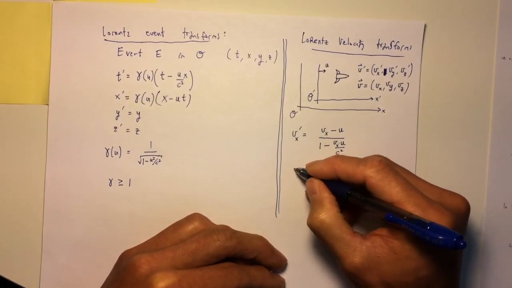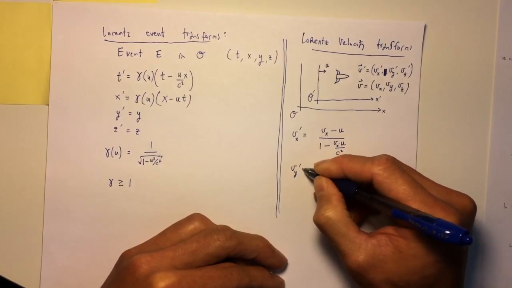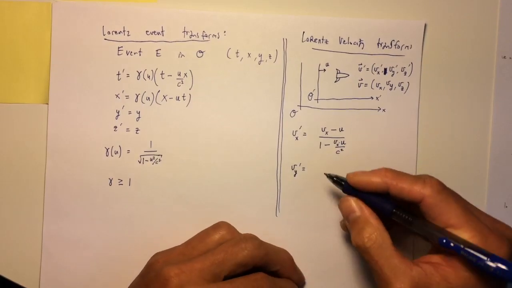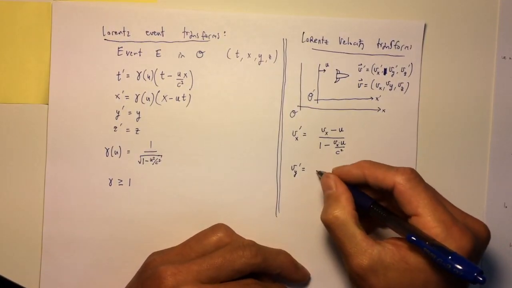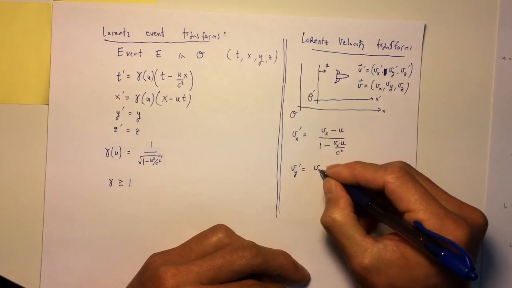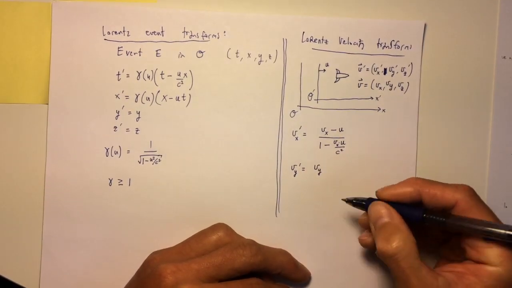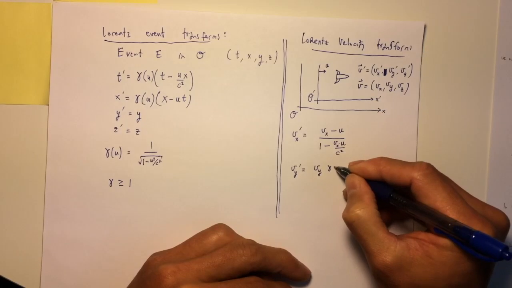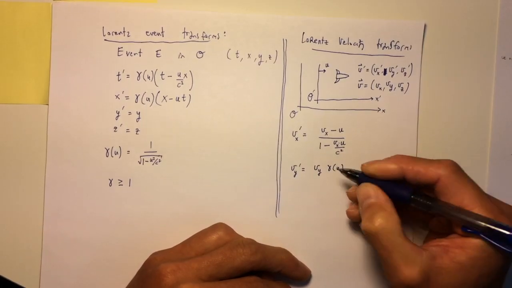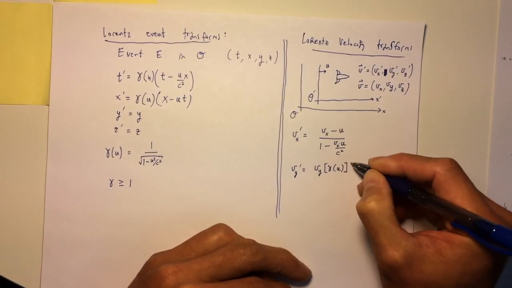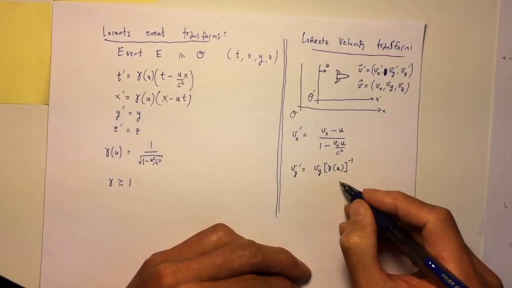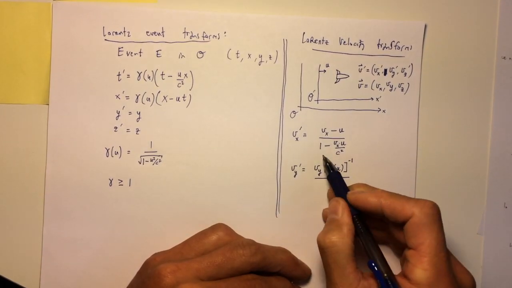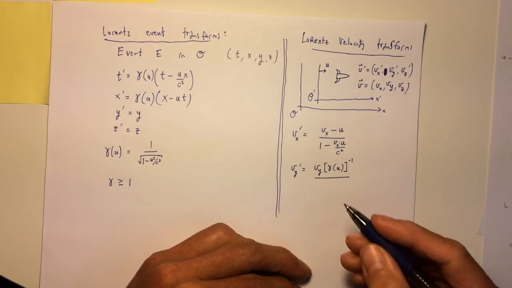Okay, and then vy prime looks like the following. So it's strange. Let me just write it out. It's vy, but then gamma of u inverse, so it's raised to the -1 power, and then divided by the very same denominator.